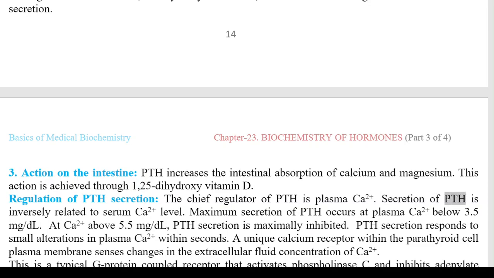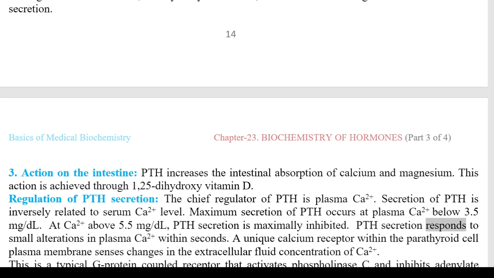Secretion of PTH is inversely related to serum Ca2+ level. Maximum secretion of PTH occurs at plasma Ca2+ below 3.5 mg/dl. At Ca2+ above 5.5 mg/dl, PTH secretion is maximally inhibited.